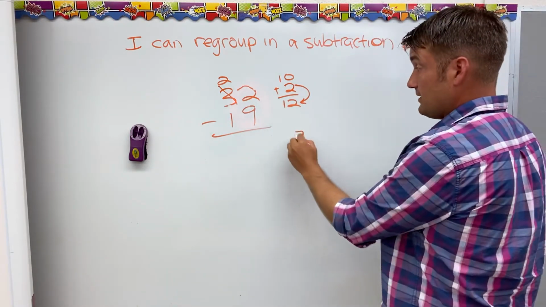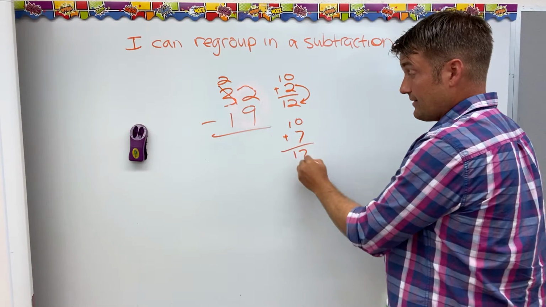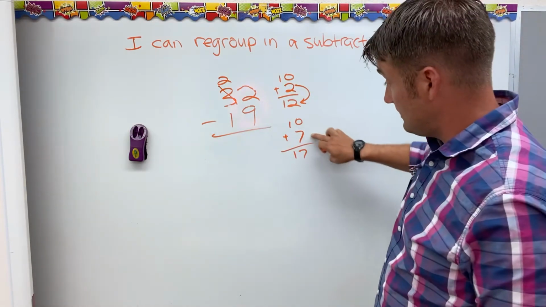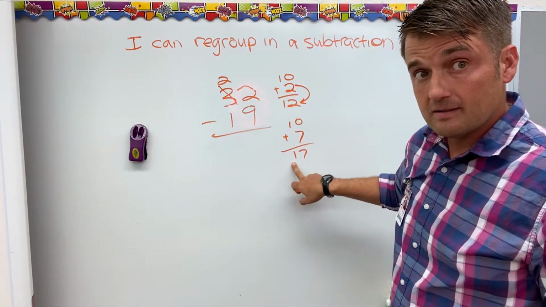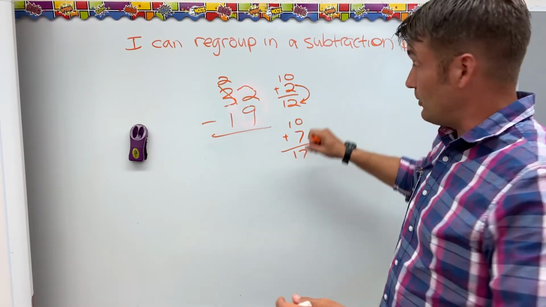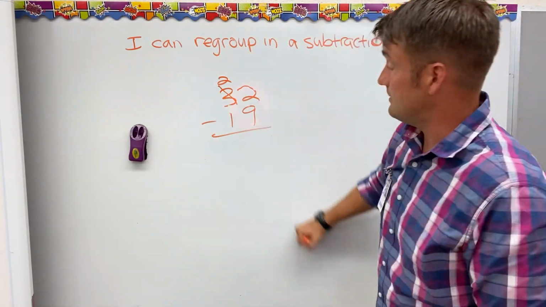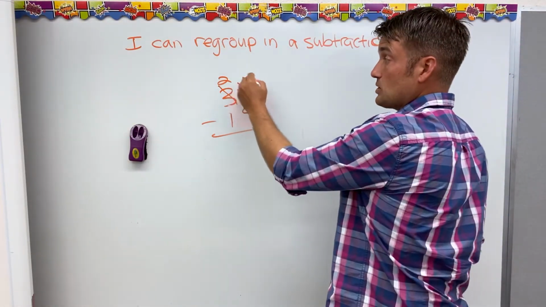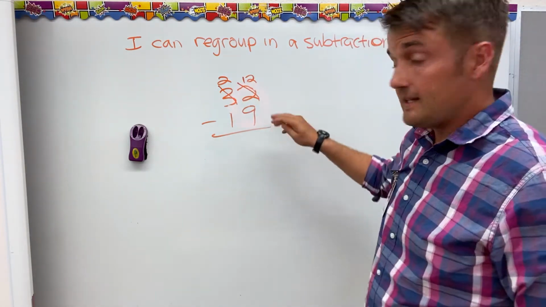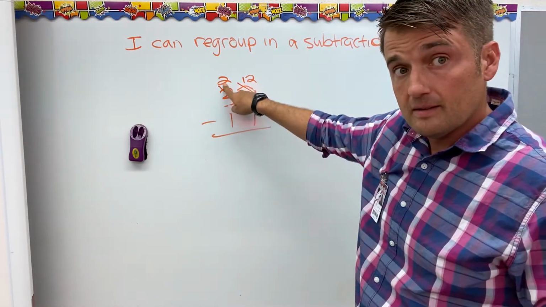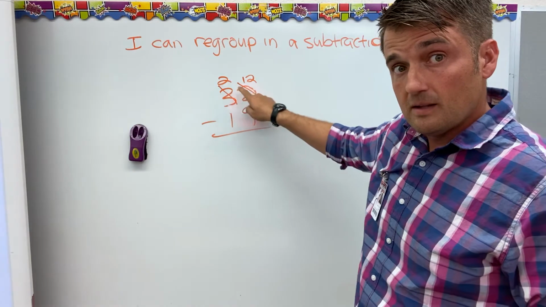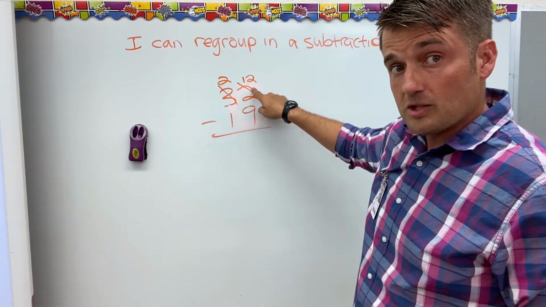If I have a 7 and I add 10, it's 17. A 7 with a 1 in front of it. So when I do this, the 2 becomes 12. That 10 that went away here, 30 down to 20, goes over here, and now the 2 is a 12.